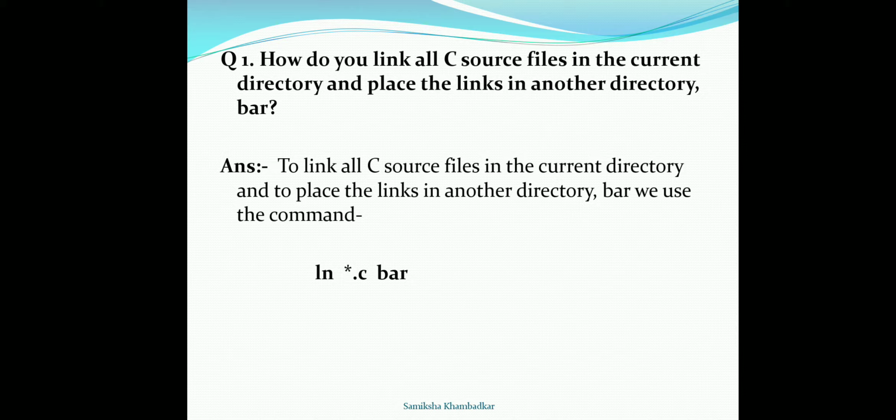Here, ln is used for linking, star dot c indicates all the dot c source files, and bar is another directory. So for linking C source files we can use the ln *.c bar command.